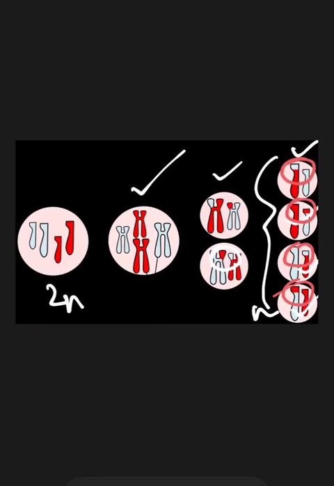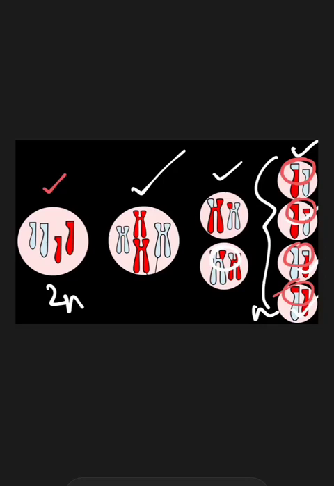So this is the basic idea of meiosis, which only takes place in reproductive cells. Meiosis is also known as reductional division, because in the mother cell it was 2N, and in all four daughter cells it is reduced to N. So it is known as reductional division.